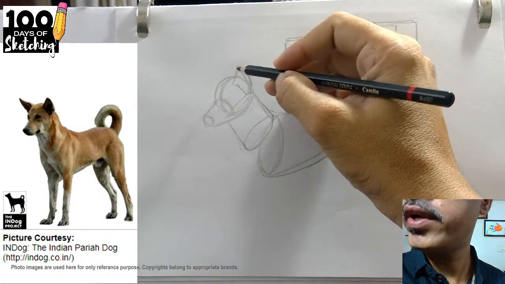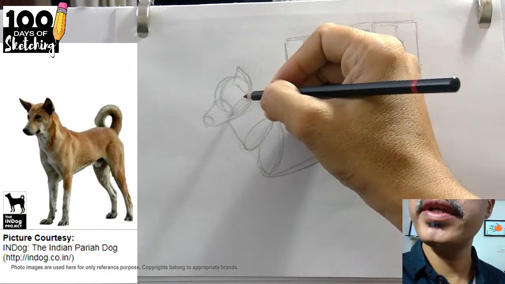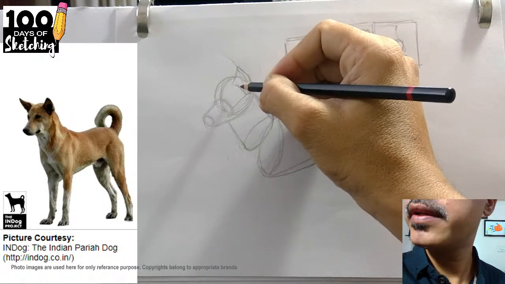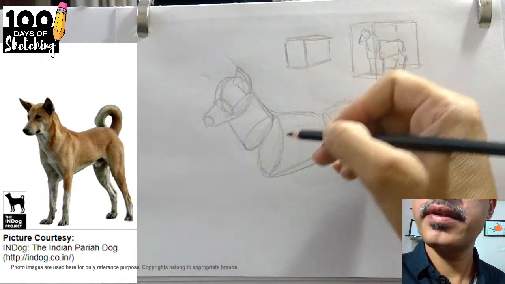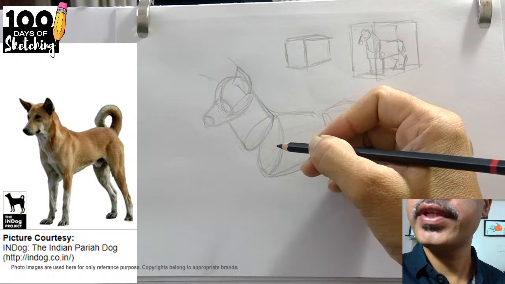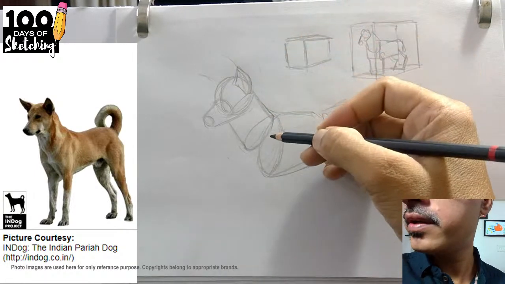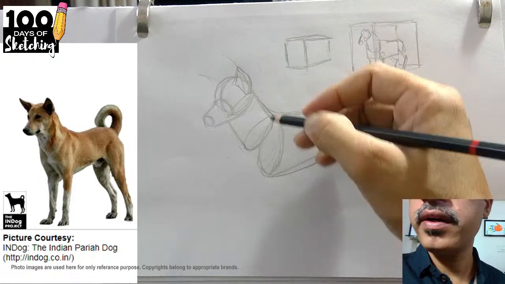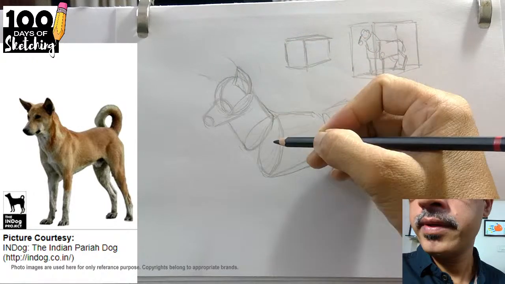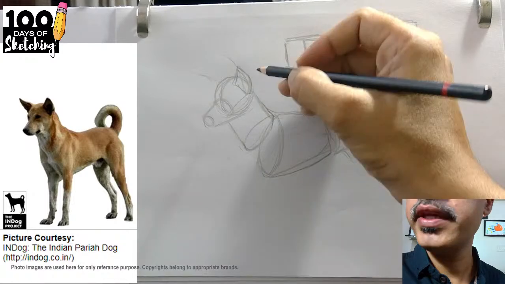It is a little folded or pointed toward this direction, so it's like curiosity, very alert to what is happening, very precisely he is seeing something.